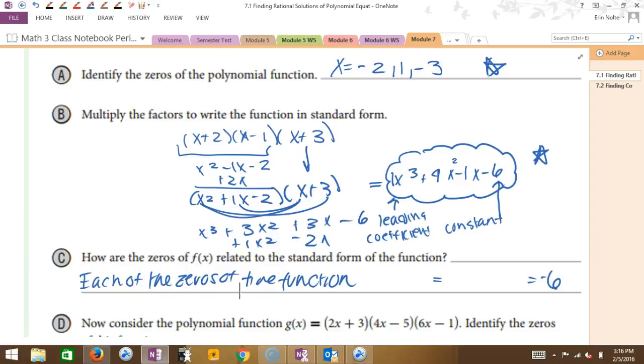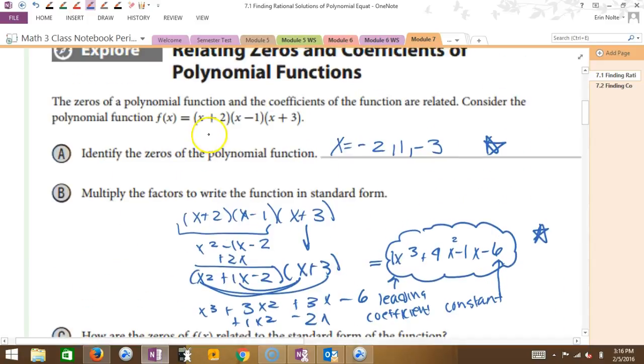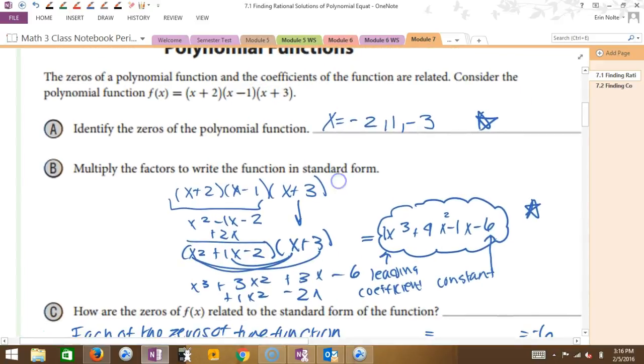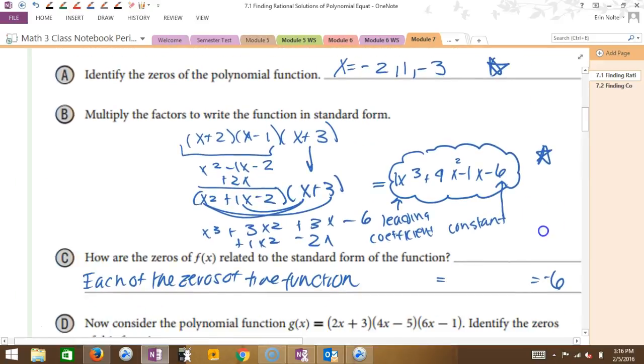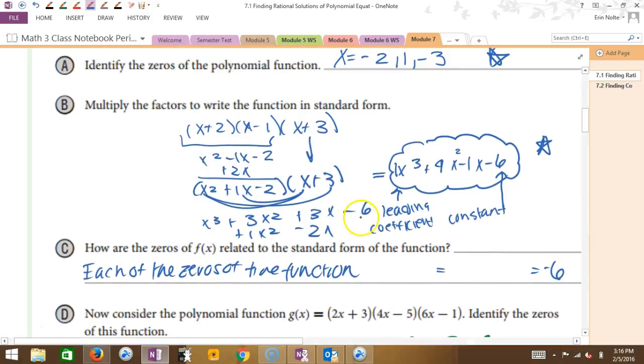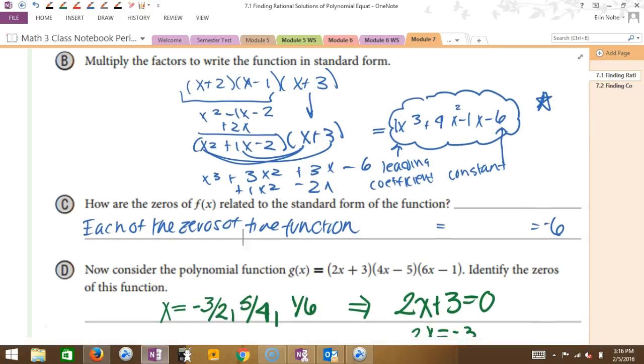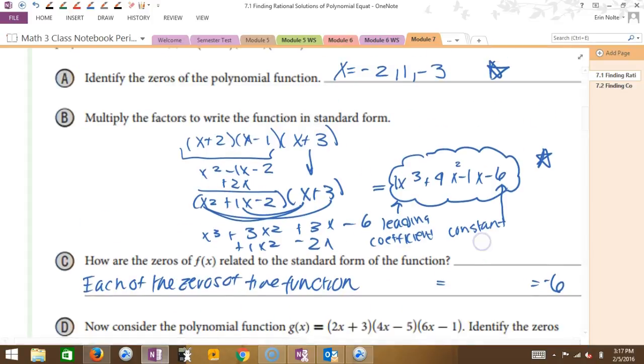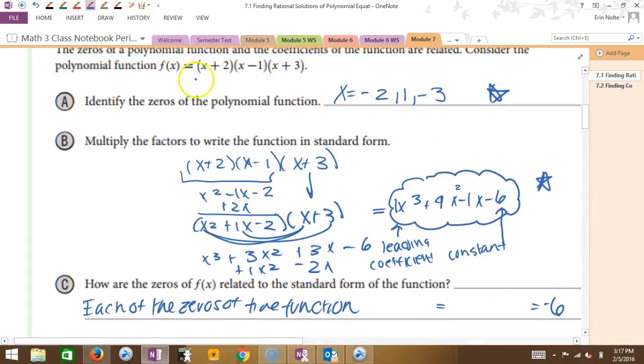I think I must have written this incorrectly. So 2, -1, so it's negative 2, 1, and 3. Huh. But is that a minus 6? Negative 2 times 3. Negative 2, 1.